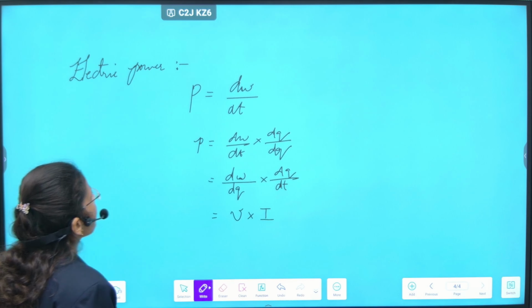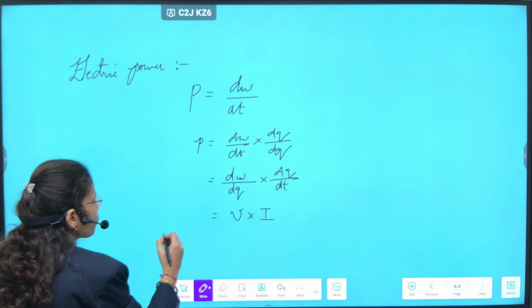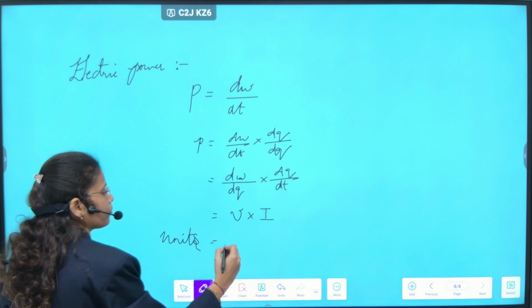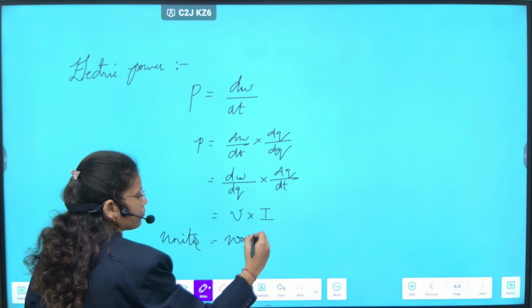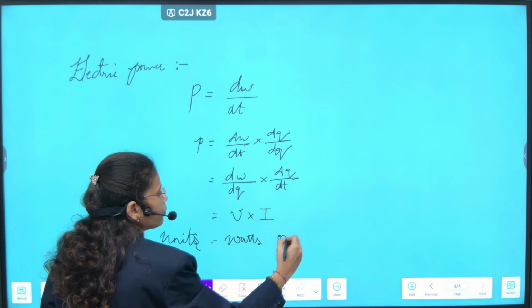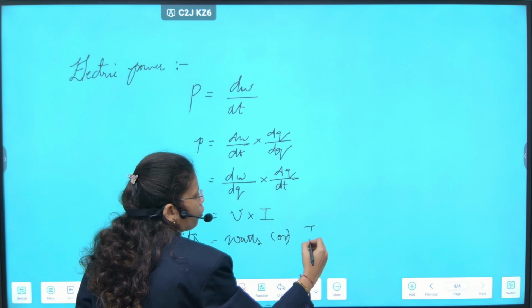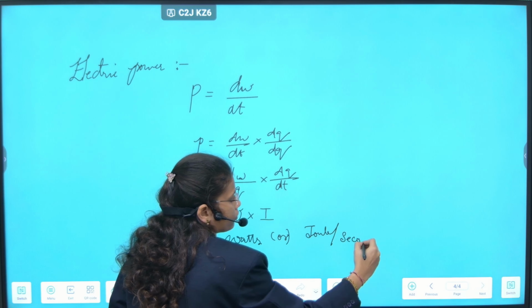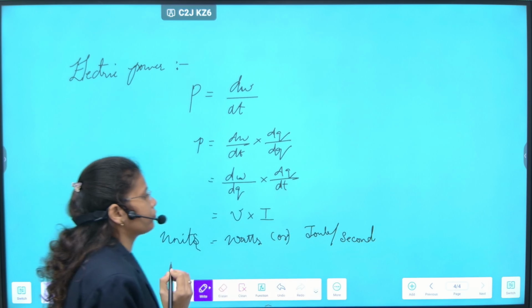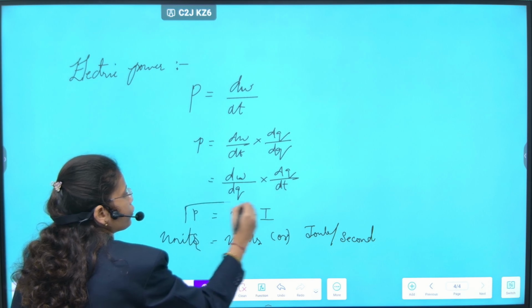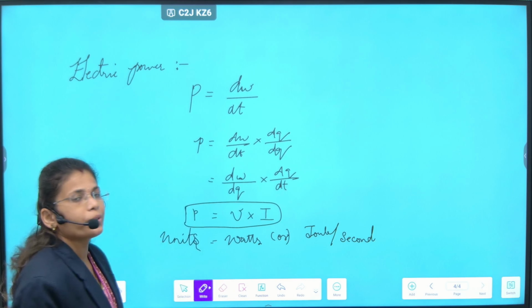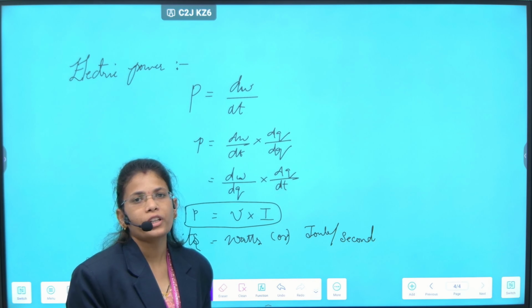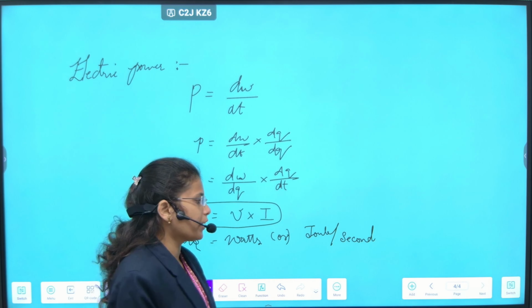Power units are watts or joules per second. P equals the product of voltage into current, or the total amount of work done per unit time.